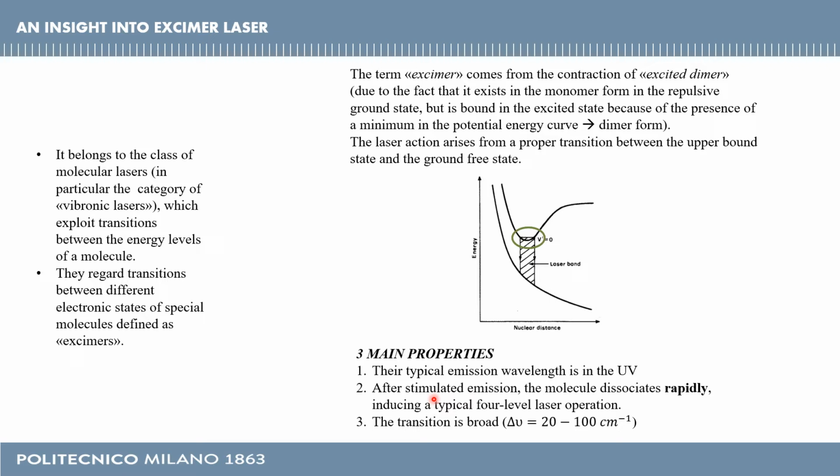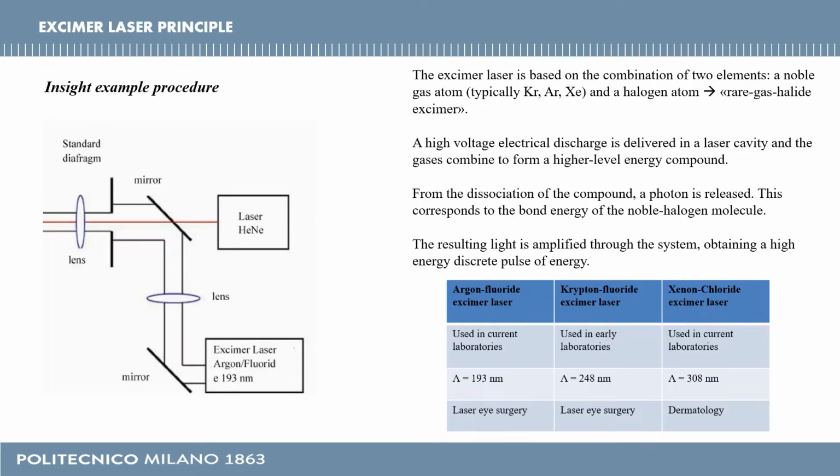So the lower level can be considered almost always empty, giving the typical behavior of a 4-level laser. Finally, the transition is broad and goes from 20 up to 100 centimeters to the -1.